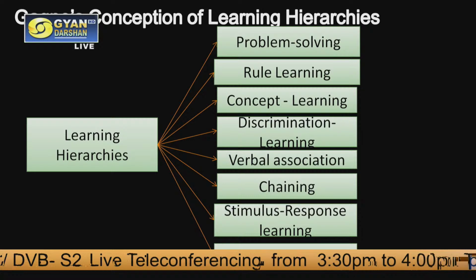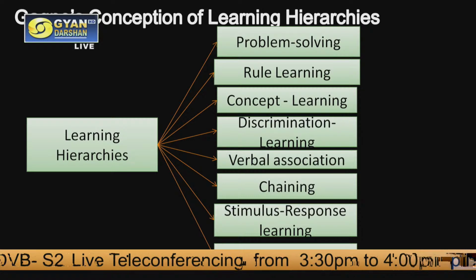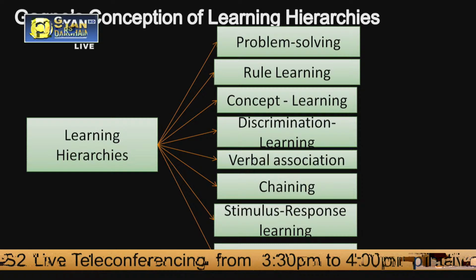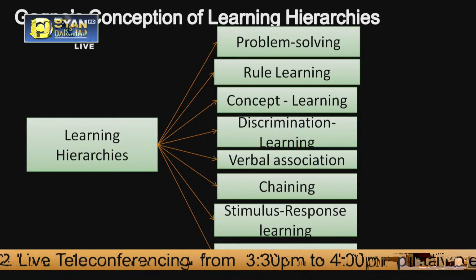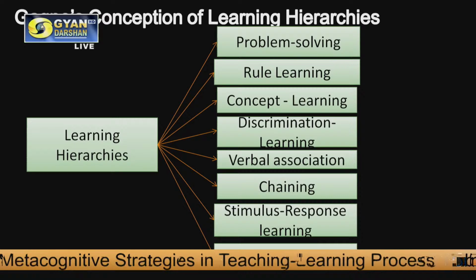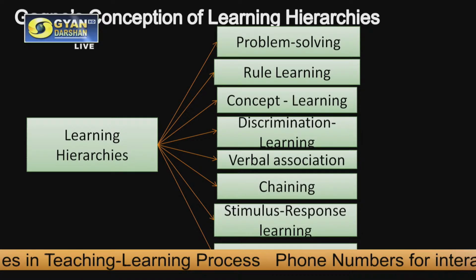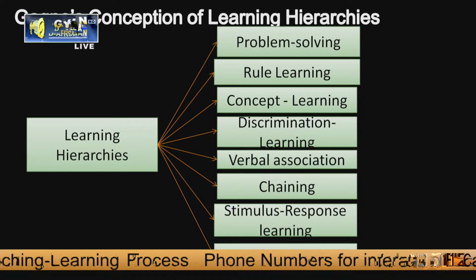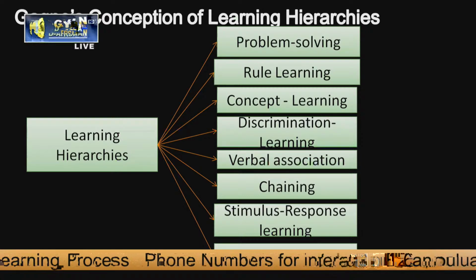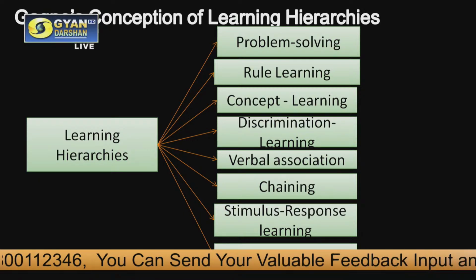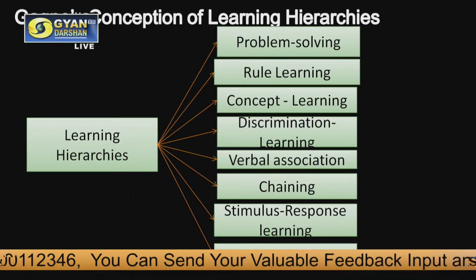Here the concrete things come at the lower level, and there we can see there are a lot of visual things that we can adopt. And as we climb up the ladder, we see the abstract concepts, and there comes the importance of problem solving. So many psychologists have given emphasis to problem-solving skill, where Gagne is emphasizing problem solving.